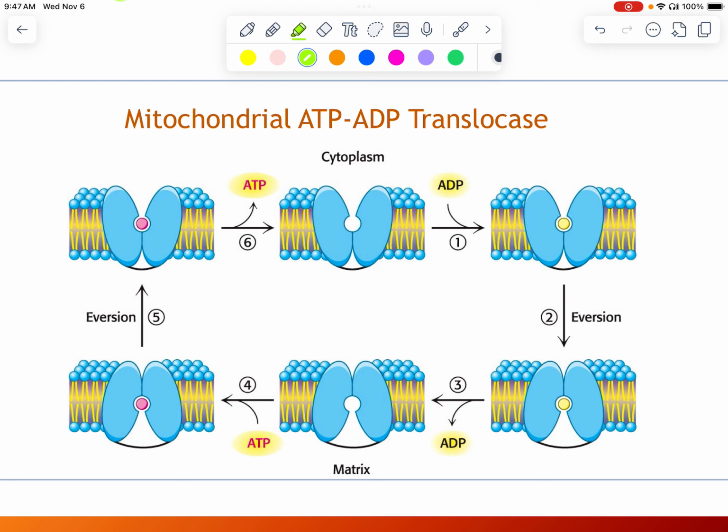If you start in the upper middle piece, you can see that we have our ADP, ATP translocase, shown here, these two pieces, and it's open to the cytoplasm side. Well, there's a lot of ADP in the cytoplasm, so one comes in. So here's our ADP molecule. ADP coming into the site causes a conformation change where these things close up on the outside, open up on the inside.